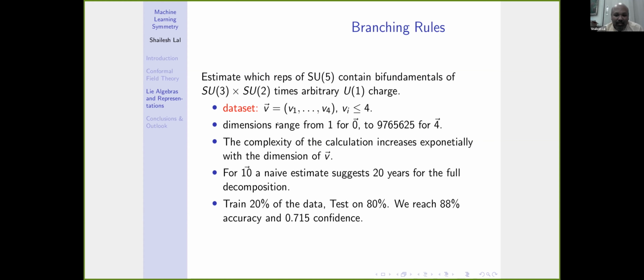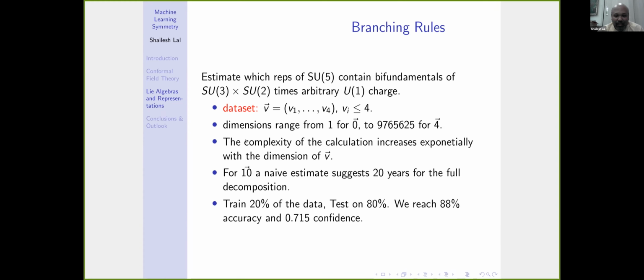So this is the data set. SU5 representations are again labeled by a quadruplet of integers, and we cut it off at the number 4 because if you fill in the integer 4 in all of these places, the dimension is already pretty high.